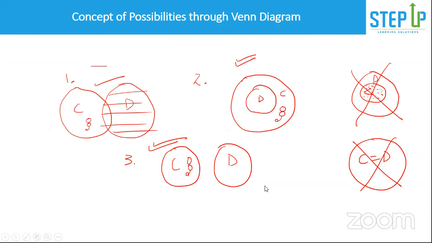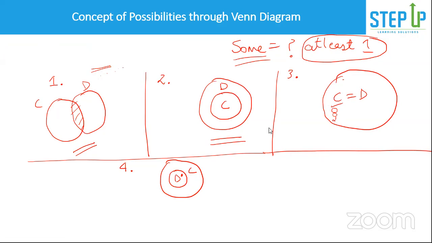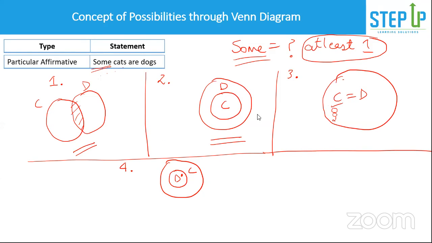Do you want me to pause here? Some cats are dogs, four possibilities. Okay.